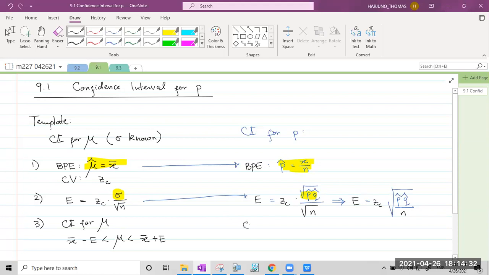So in step 3, confidence interval for population proportion P will be P hat minus margin of error we get in step 2, less than P, less than best point estimate plus margin of error. Again, the blue part is the one that changes. Let me emphasize that with the coloring.